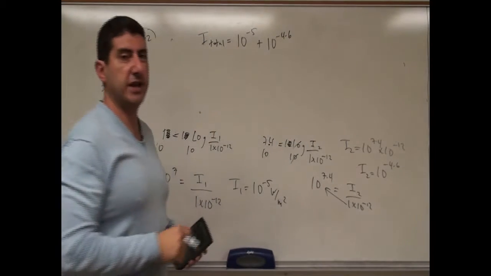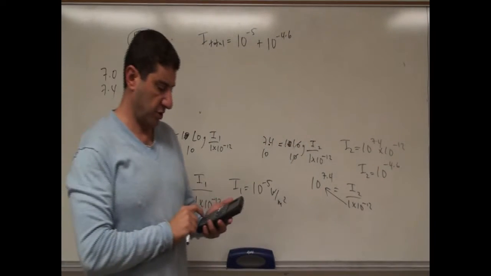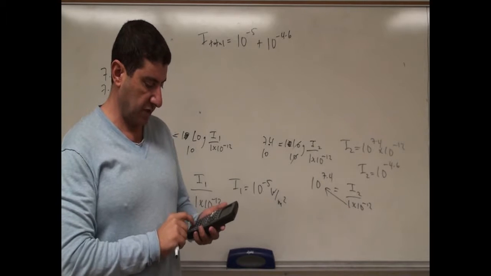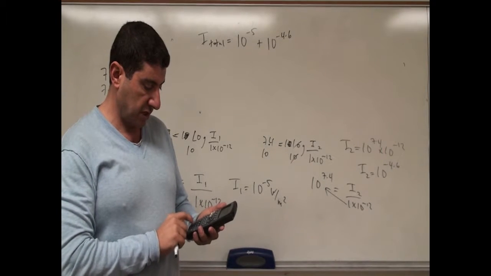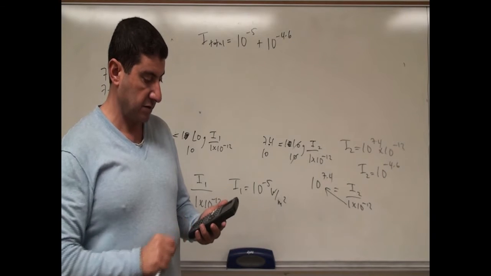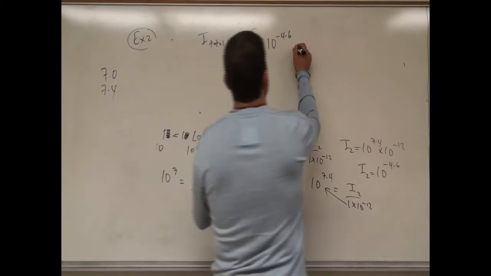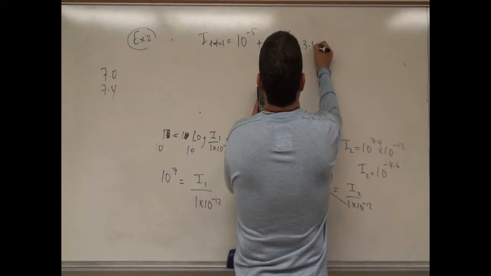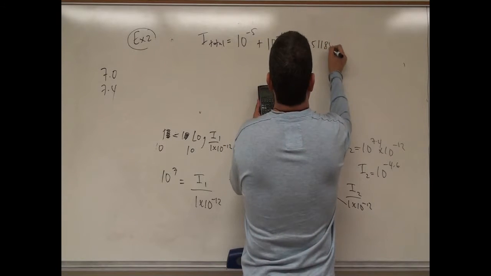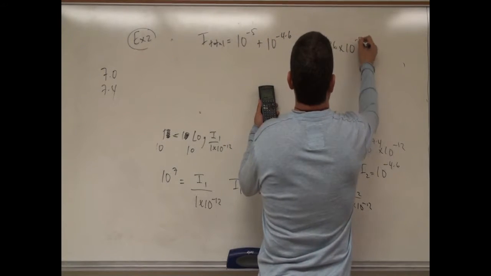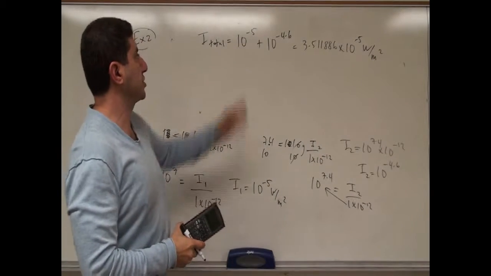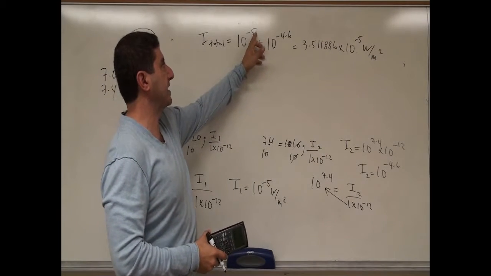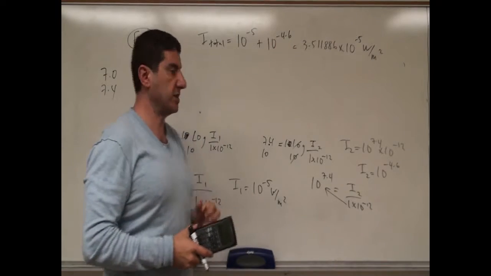Right? So how do you add them? This one you should do on the calculator. So 10 to the power negative 5 plus 10 to the power negative 4.6. That's going to give you 3.511886 times 10 to the negative 5 watts per meter squared. Right? So just do this on the calculator. You can't really add negative 5 to negative 4.6 or anything, right?